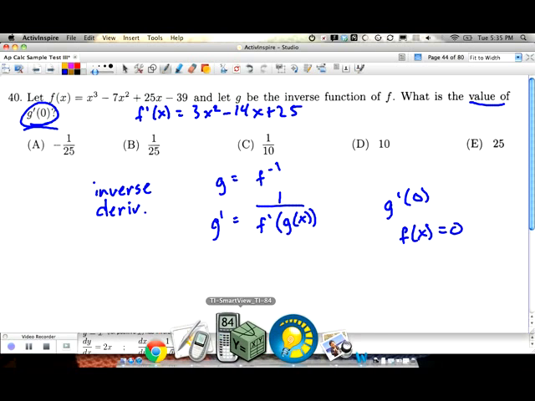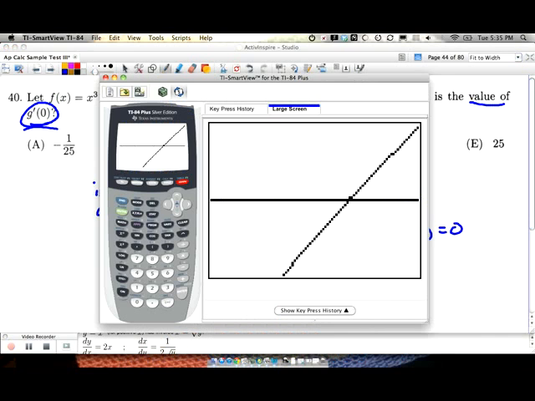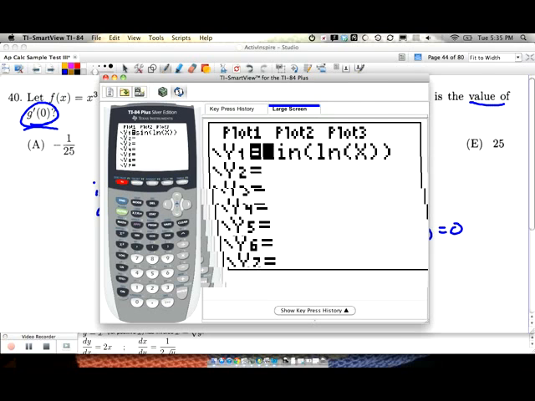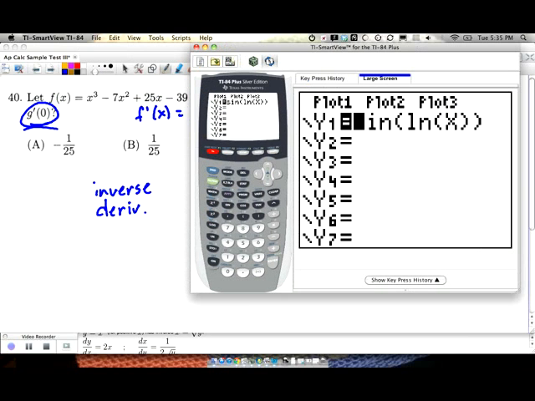So we need to actually plot that and then figure out that value. So let's go back to our functions here. And f of x is this big, long polynomial. So I need to type that in. It's going to be x to the third power minus 7x squared plus 25x minus 39.